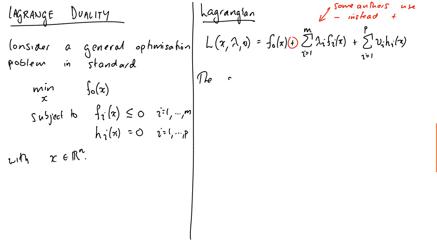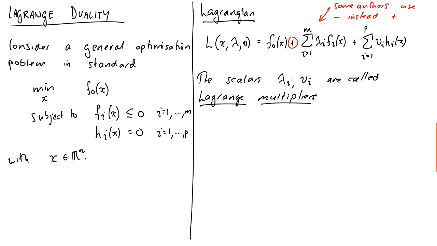Okay, so the scalars lambda i and nu i are called Lagrange multipliers. And yes, these are the same type of Lagrange multipliers that you've come across in second year calculus. Just it's kind of in a more general setting here.